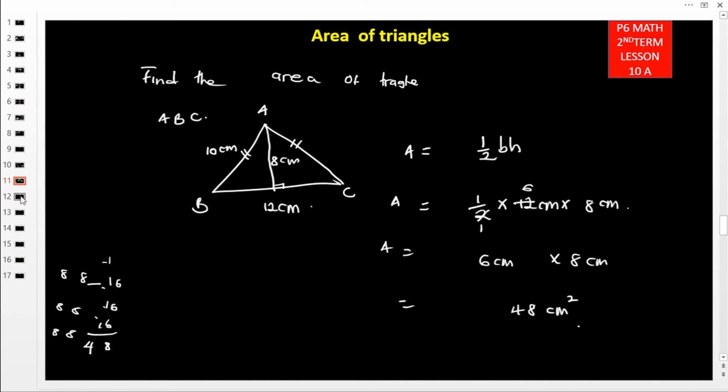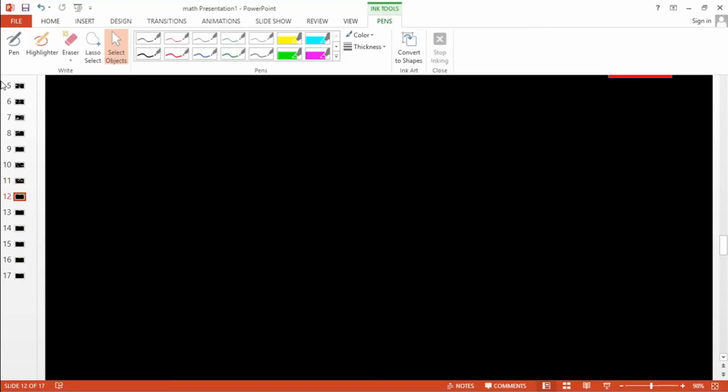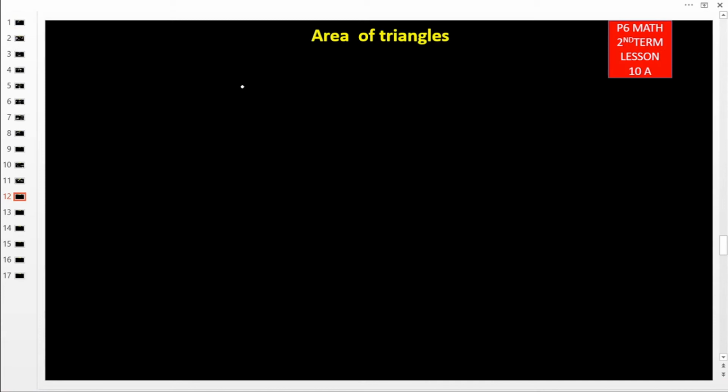Alright, now let us also get another example here. In this example we have to be keen when we are dealing with it. This example is saying calculate the area of a triangle PQR.